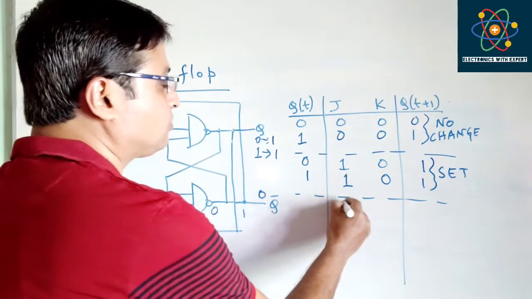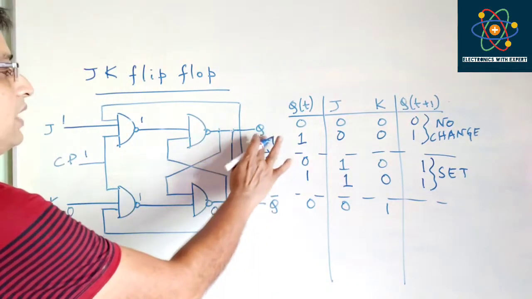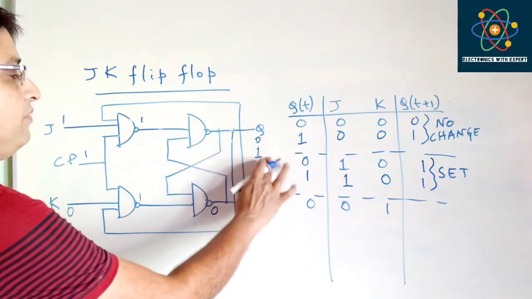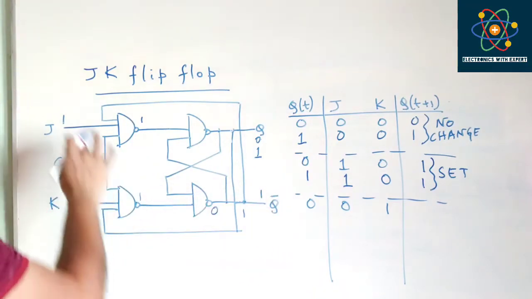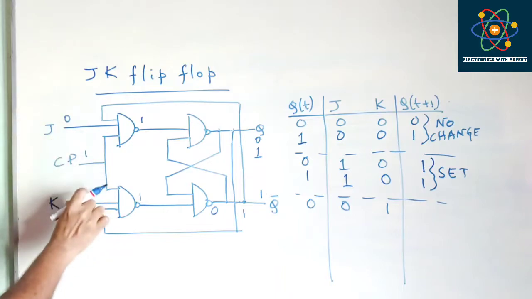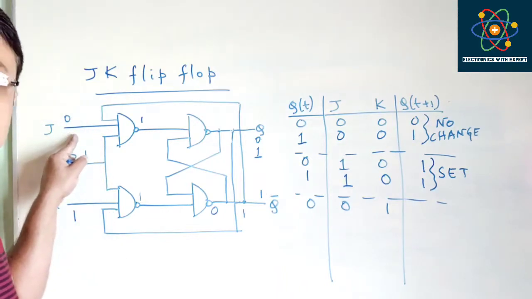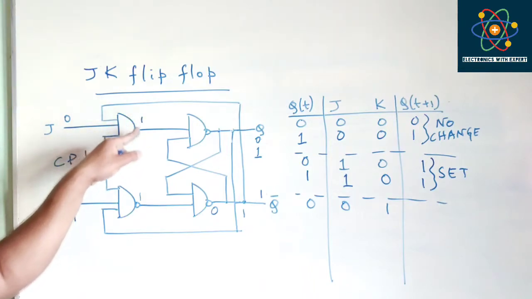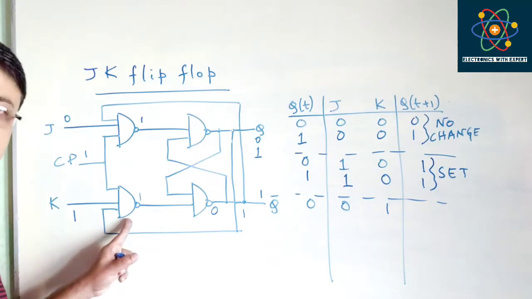For J equals 0, K equals 1, if the previous state output was 0, what happens? If the previous state output was 0, then Q bar should be 1. Now since this J input is 0, this makes this NAND gate output equal to 1. And now check this NAND gate's inputs.